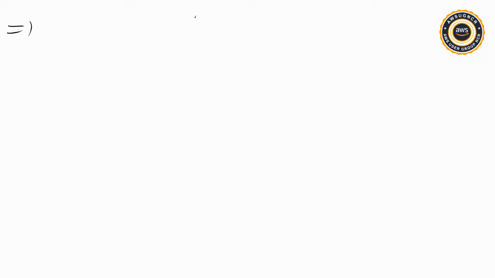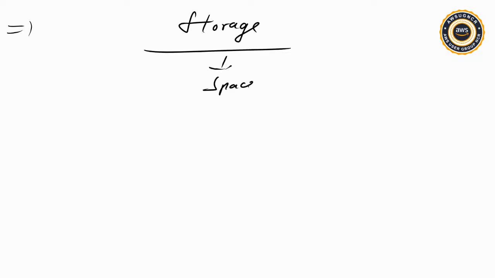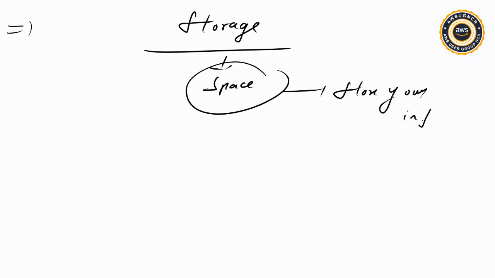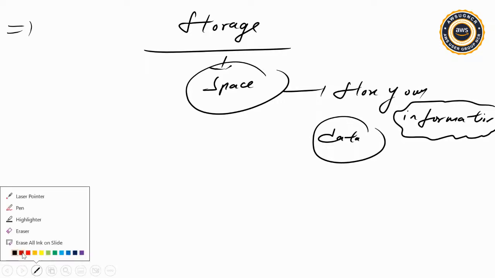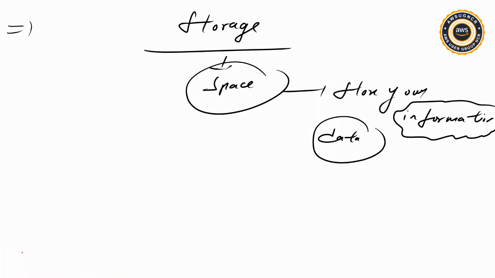So if I have to relate storage, I will relate space required to store your information, your data. Better, I will use the word data. Okay, because I don't think that data is a collection of information all the time. I will not agree with this definition all the time. According to me, data is a collection of discrete values or raw elements. Okay, why?